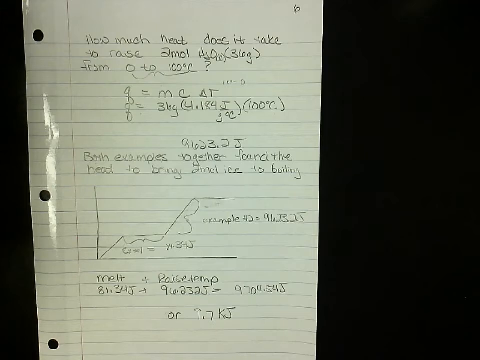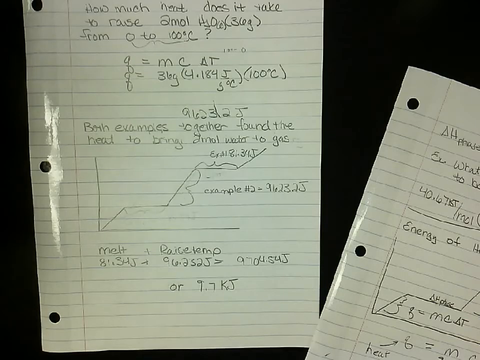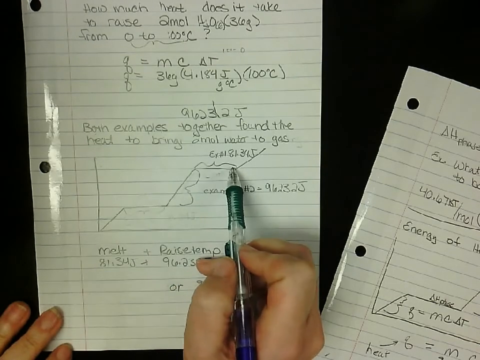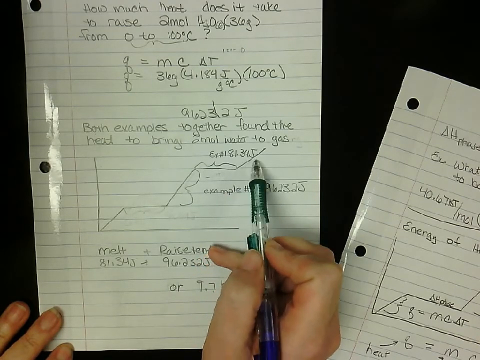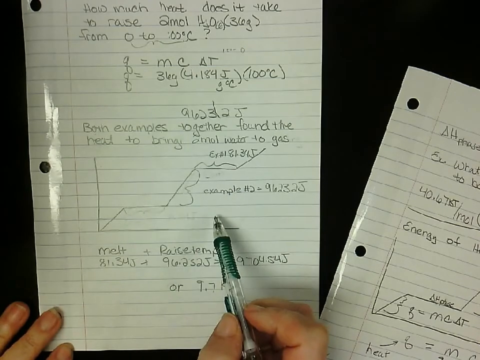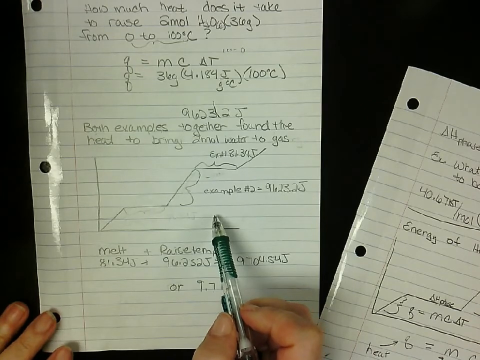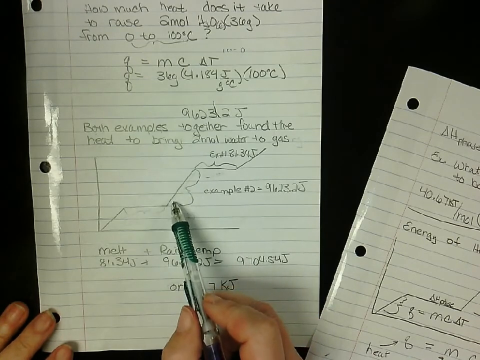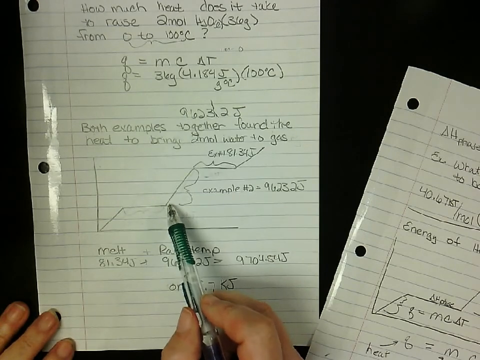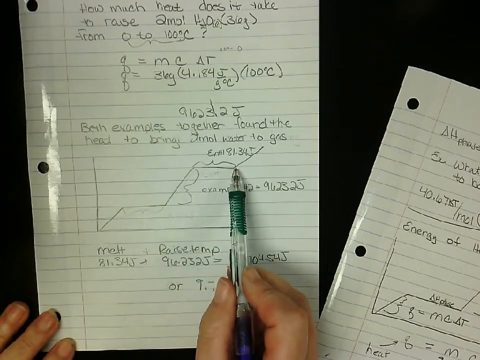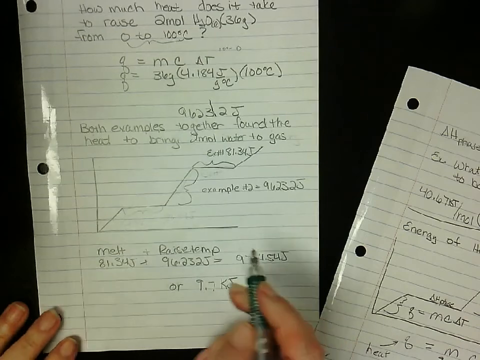So if I put both examples together, I can figure out, I changed my example there. So what we did was we figured out how much energy to boil the 2 moles to get it to completely change into gas. And if I put these two together, I can figure out how to bring 2 moles of liquid water from 0 degrees C all the way to the gas phase by adding those 2 numbers together.